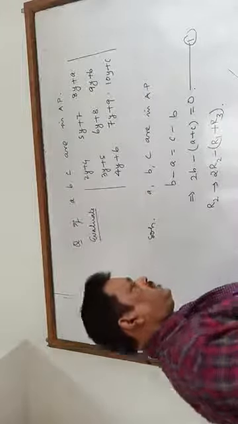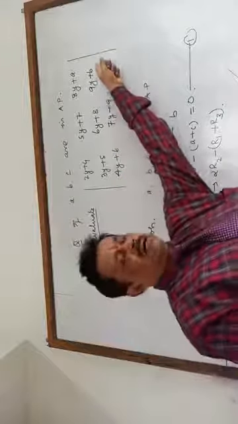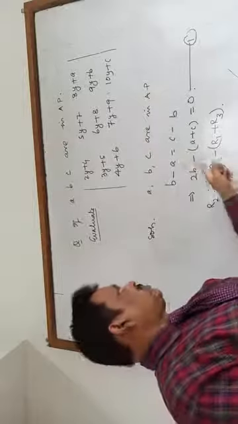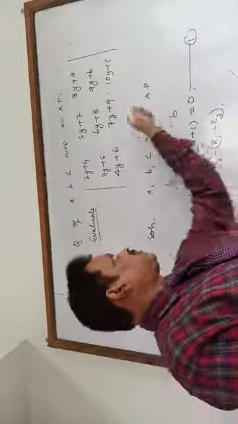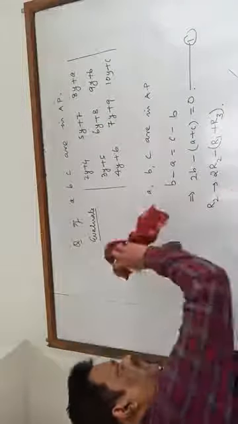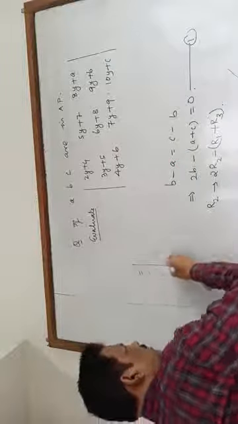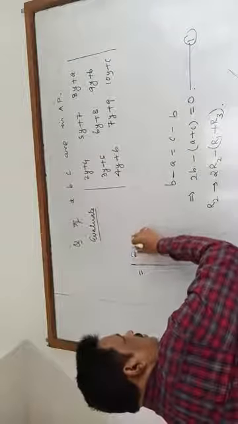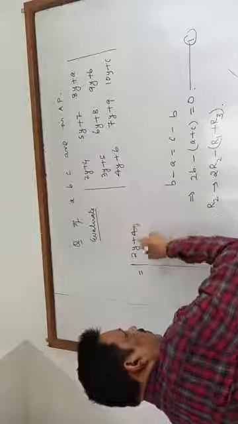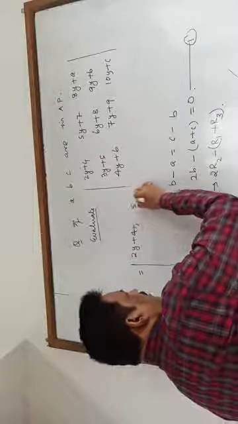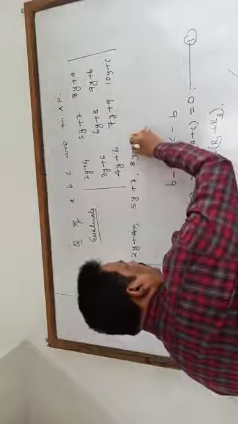Look at what I have written. Row 2 means this line will change. How will it change? Now 2 times row 2, you have to multiply 2 here, minus row 1 minus row 3. So it will be like this, which is equal to, upper line will remain same, 2y plus 4, 5y plus 7, 8y plus 8.